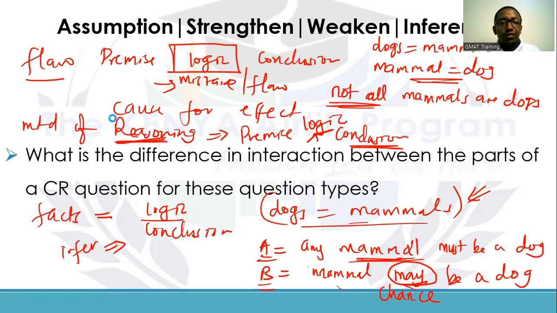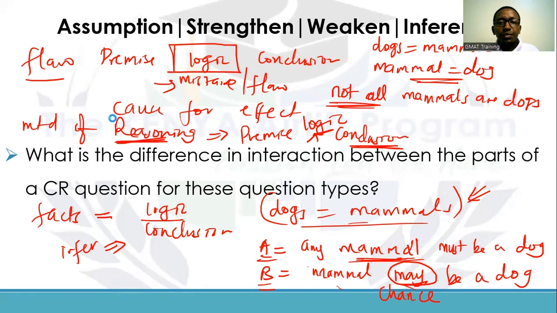You can see a lot of questions in critical reasoning involve playing around with the premise, the logic, and the conclusion. Some of them have facts which we add to our premise. Some of them have conclusions which you must pick from the choices, which conclusion is true. That's inference questions.